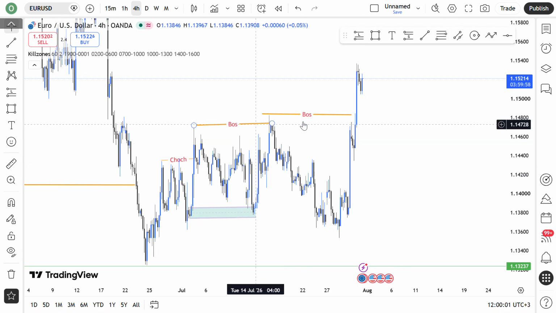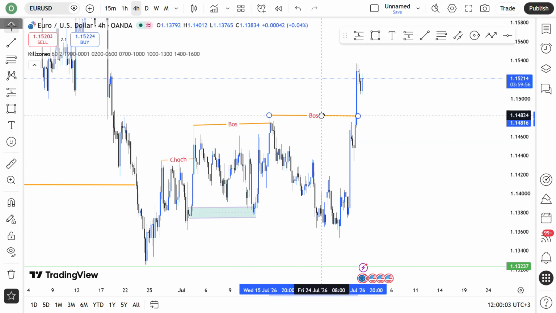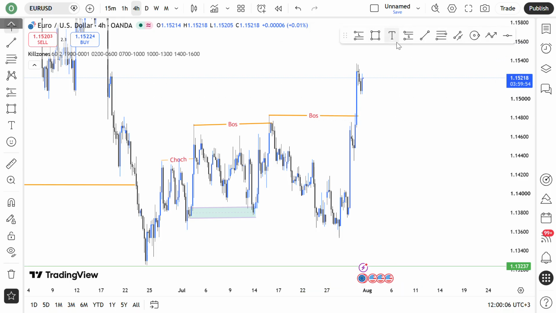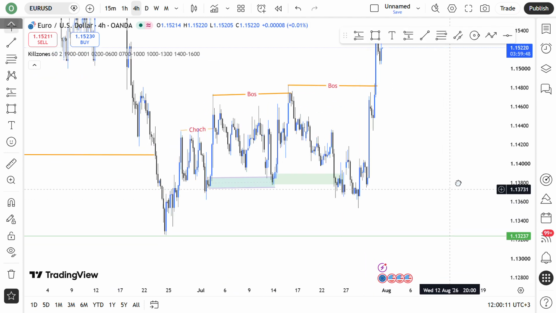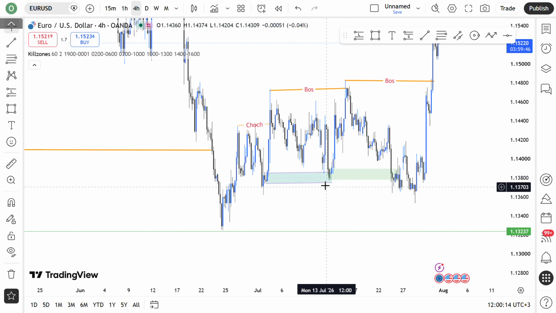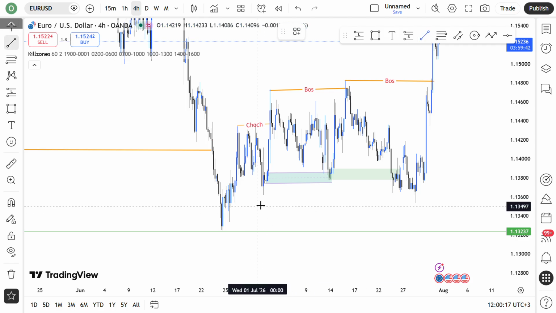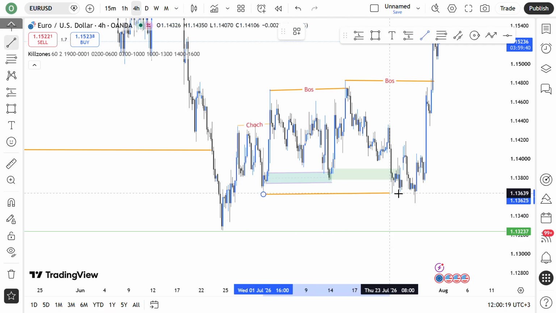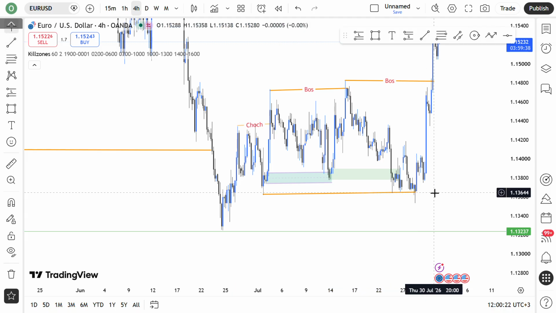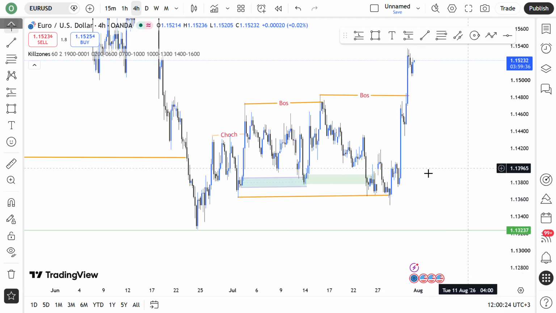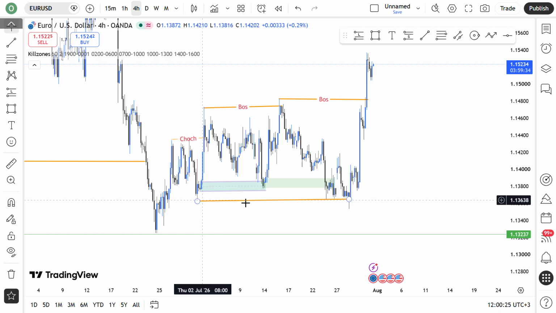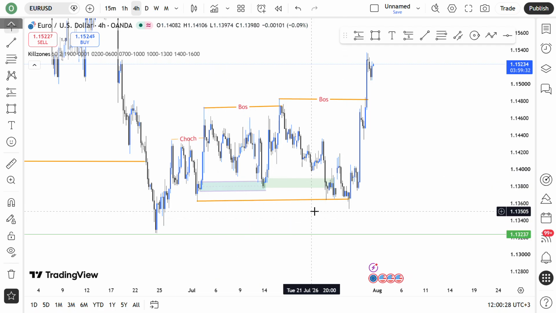So after this break of structure, you can see clearly that most traders expected the price to come out and react from this demand area. Instead, price didn't come here, and now price violated this low, taking out this low, meaning that we cleared out all liquidities that were lying below this high.